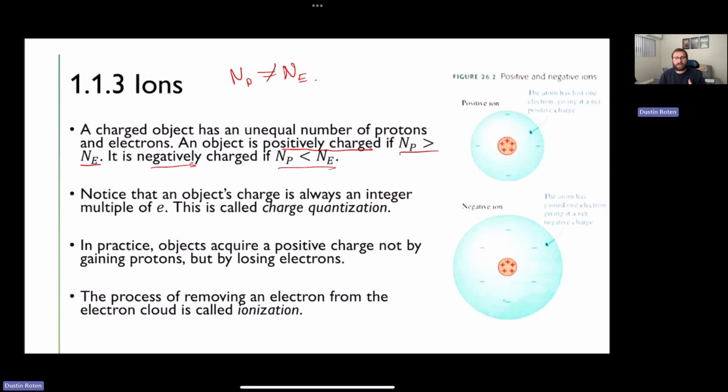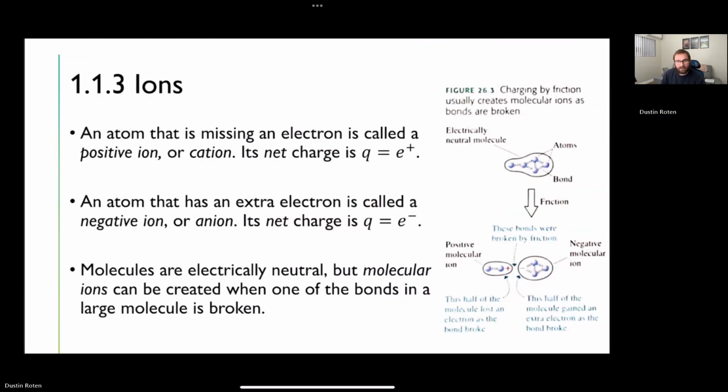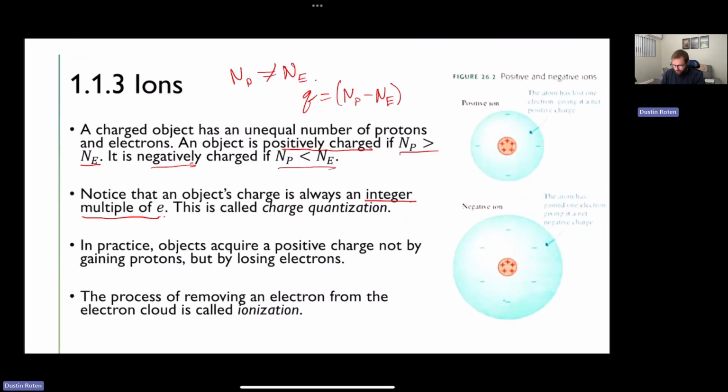You'll notice that an object's charge will always be an integer multiple of e. That makes sense because we defined it that way. Remember, we said that the charge, no matter what, is the difference in these two values multiplied by e.